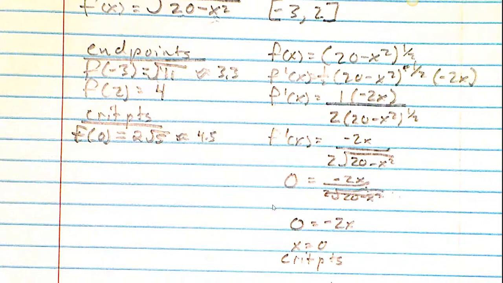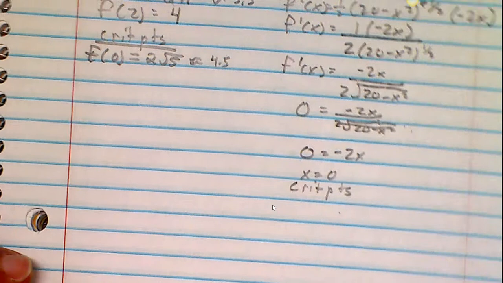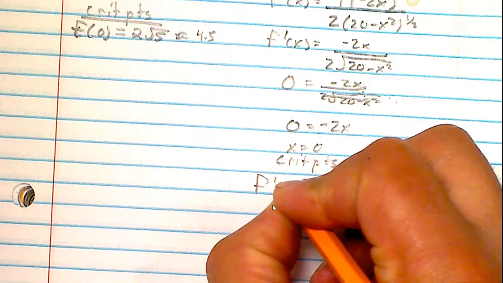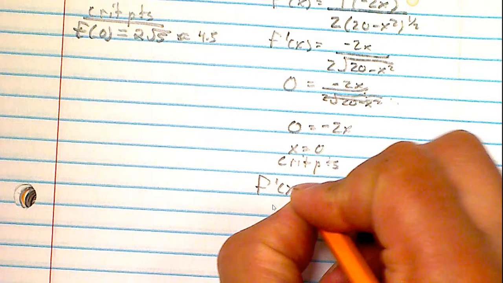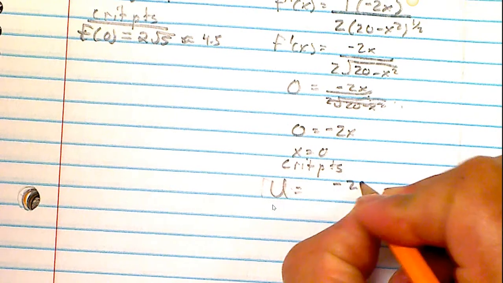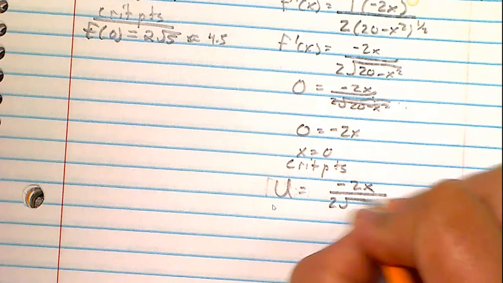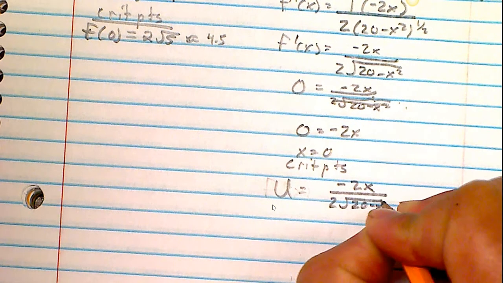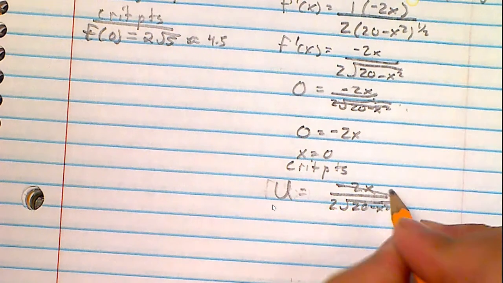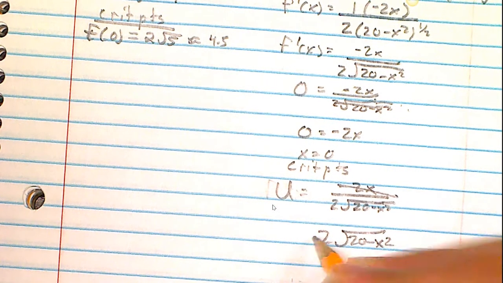Now, critical points also include where the derivative is undefined. So where is negative 2x over 2 square root of 20 minus x squared undefined? It's undefined where the bottom equals 0. So 2 square root of 20 minus x squared equals 0.